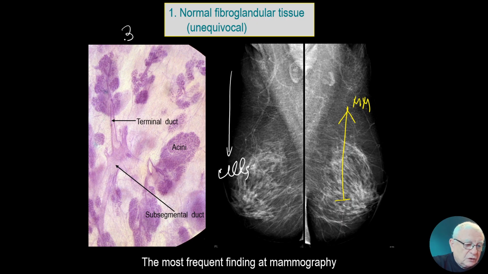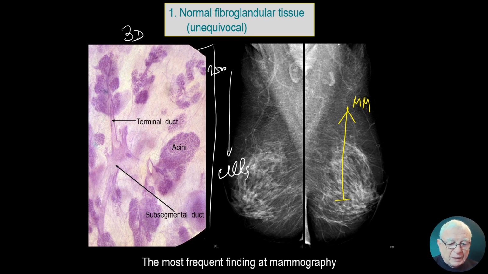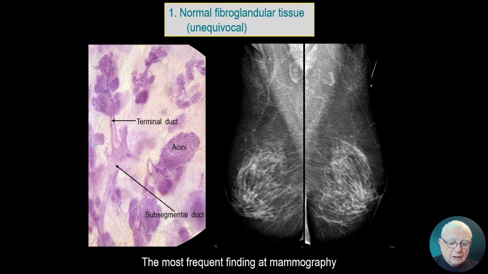Therefore, we use 3D or subgross 6-section histopathology, which is 1500 micron thick. The conventional histopathology shows 4 micron thickness, while the breast after compression is 30,000 micron. So now we see the whole breast and 1500 micron, 1.5 millimeter.